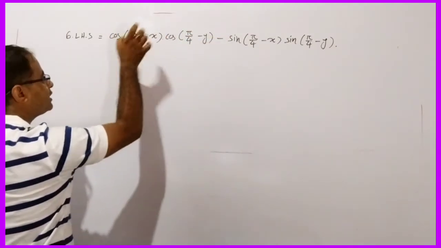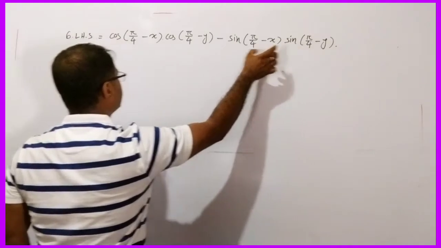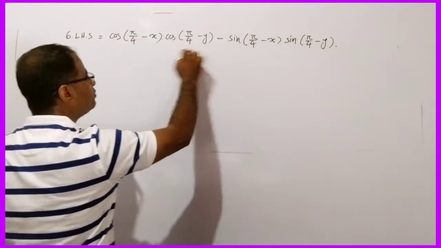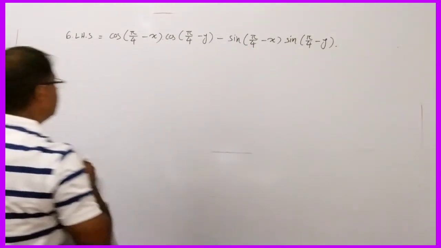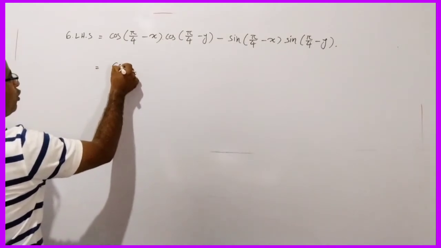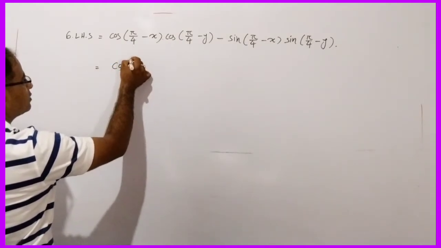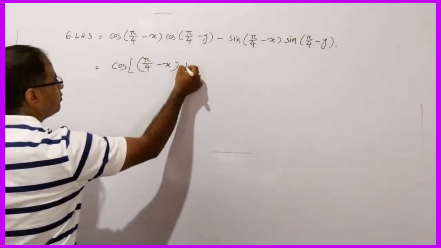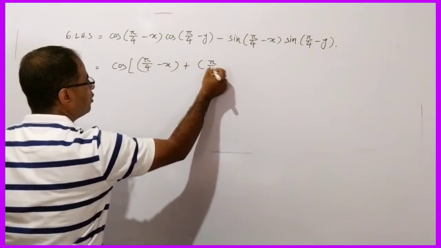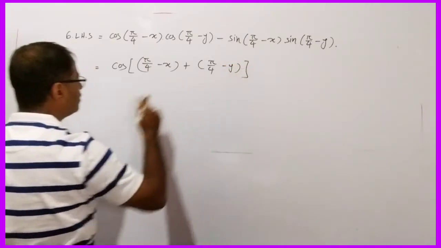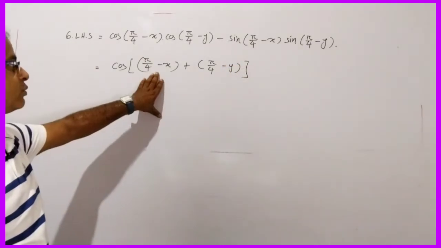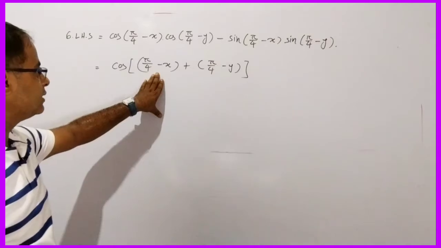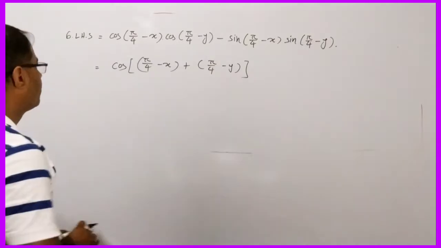Then cos a cos b minus sin a sin b can be written as cos of a plus b. That means pi by 4 minus x plus pi by 4 minus y. Why? Here pi by 4 minus x stands for a and pi by 4 minus y stands for b, right?